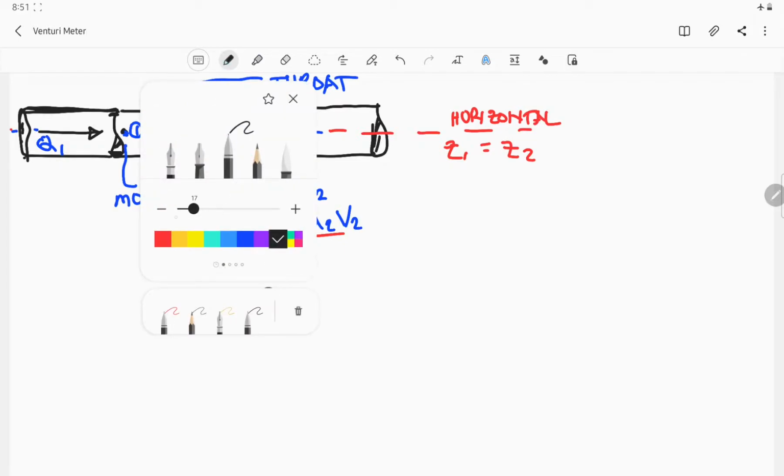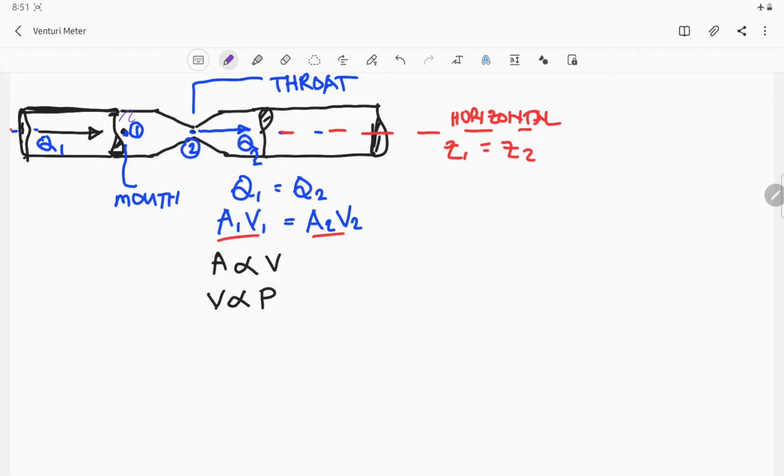I'll change the color to emphasize. Is the yellow clear? This is the diameter D1, and here this is the diameter D2. We can actually measure that if we have a device, we can accurately measure the diameter.